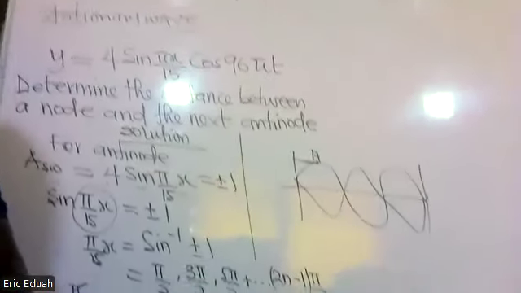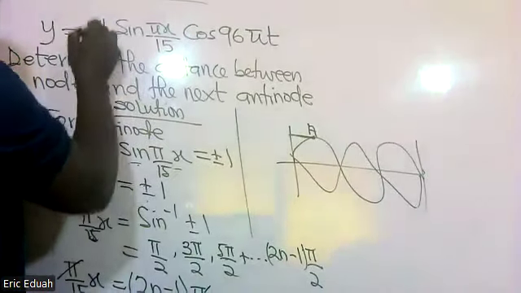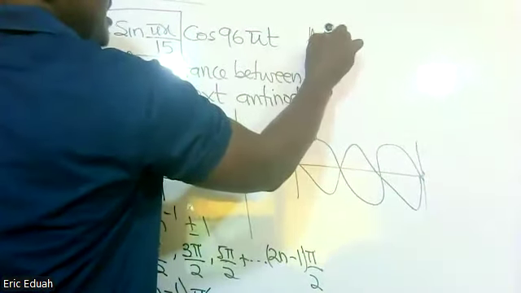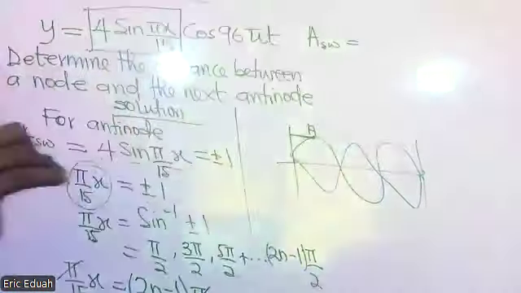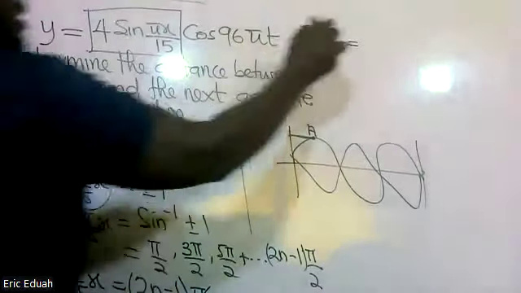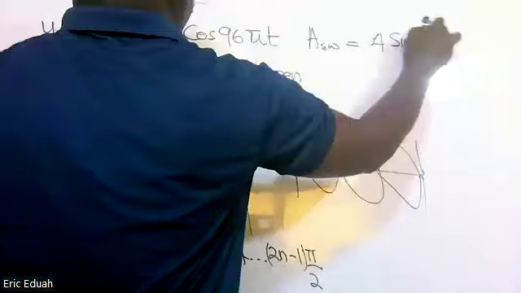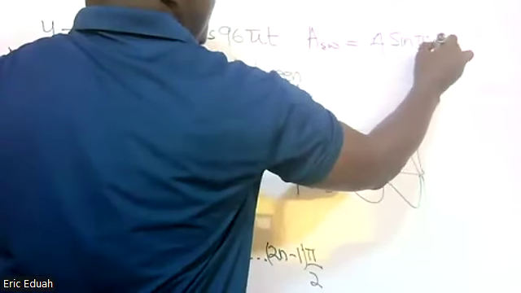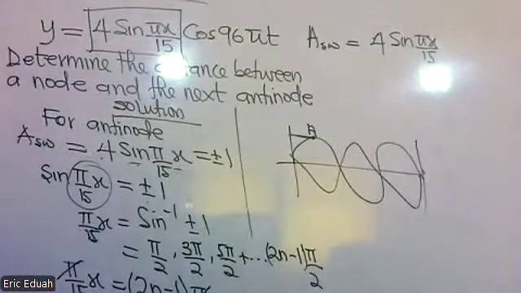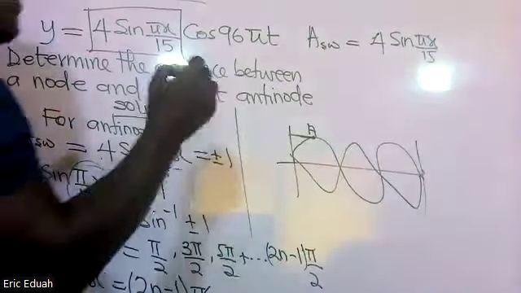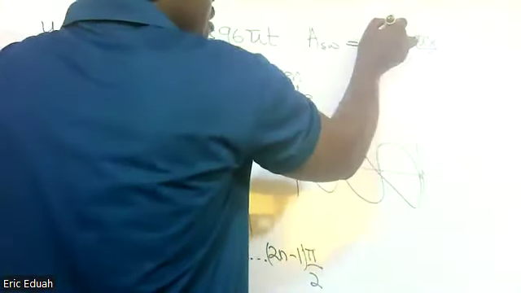Look at the stationary wave. This is its amplitude. So the amplitude of the stationary wave is not just a value, but a trig function, sine pi x on 15. From what we have, it is clear that the amplitude will be equal to 4.